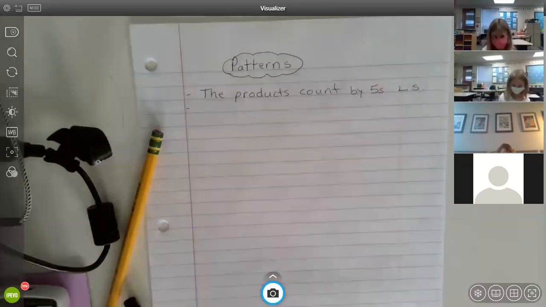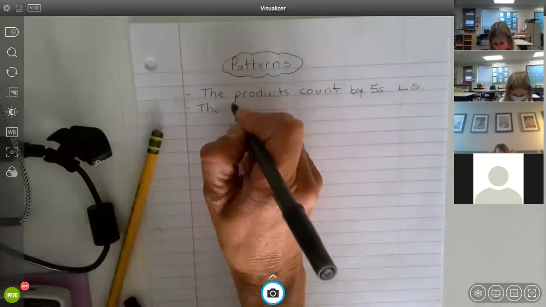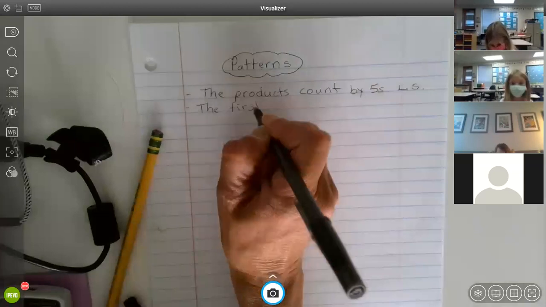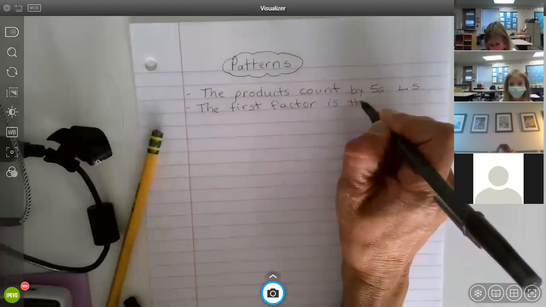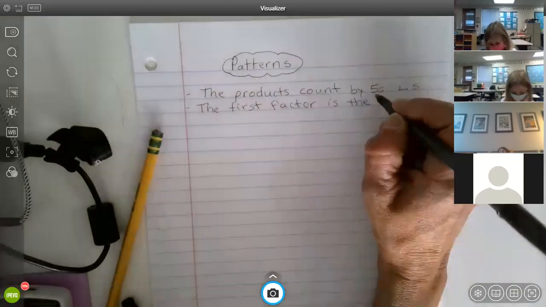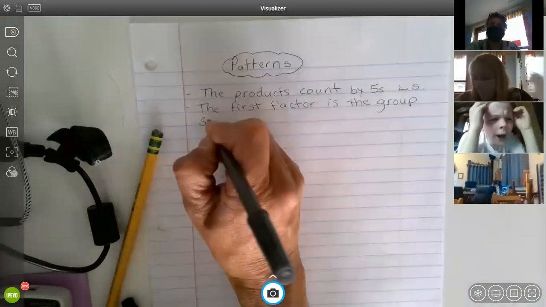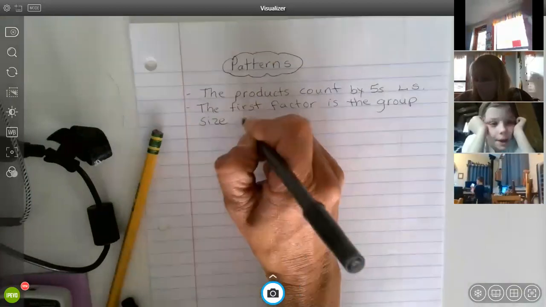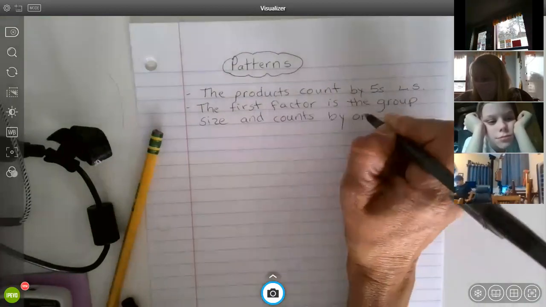So the first factor counts by ones, right? The first factor is the group size and counts by ones. So whole body listening, no whistling. You should have your math spiral open, and you should be writing some of these down.